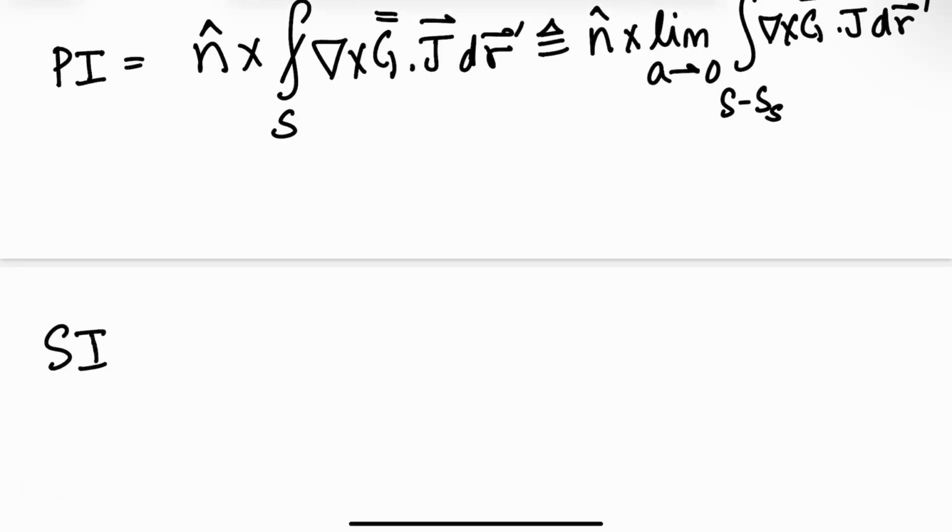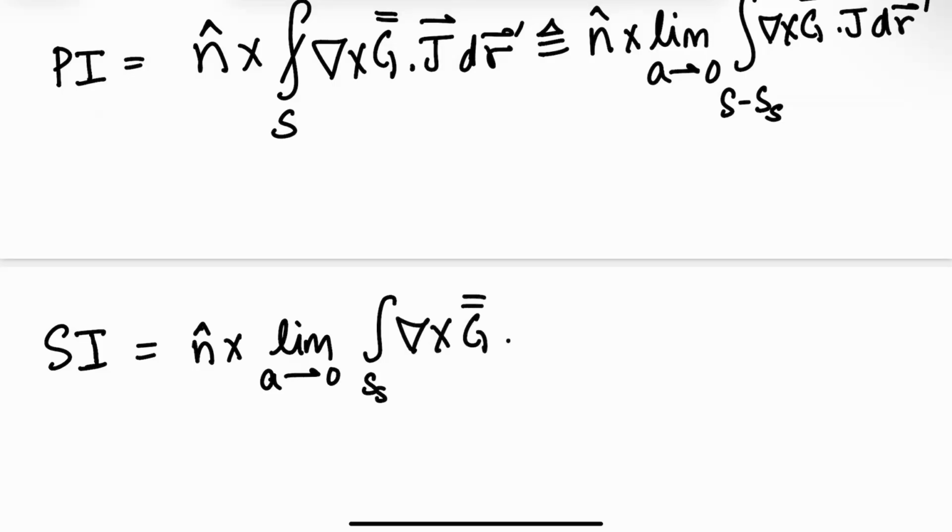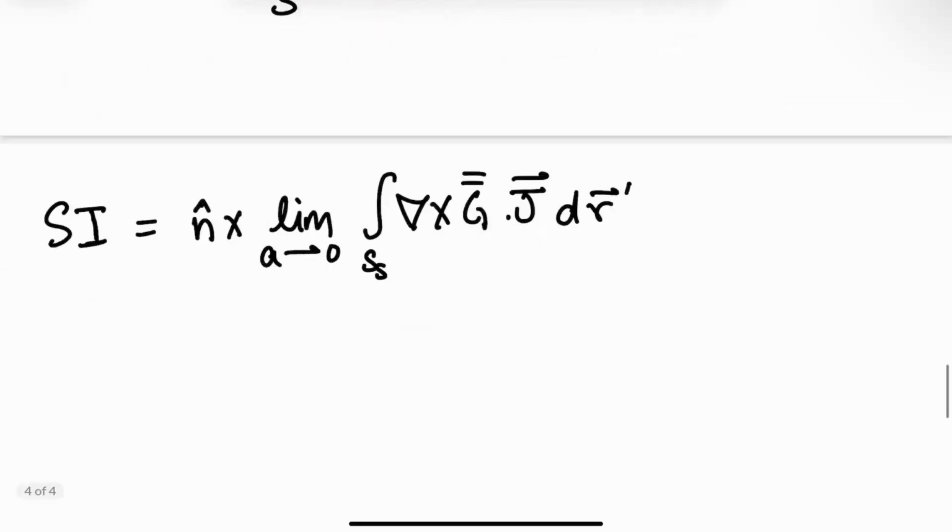So the singular integral is n hat cross limit a tends to 0, surface integral over SS now, curl of G dot J dr prime. And we want to evaluate this.